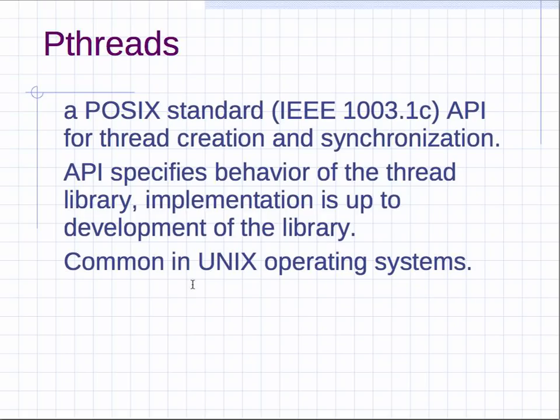This is common in Unix operating systems. It's definitely there in Mac OS X. This is the standard way to run multi-threaded code on Mac OS X. Also, you can get the Pthreads library for Windows as well, although Windows definitely does have its own thread library.